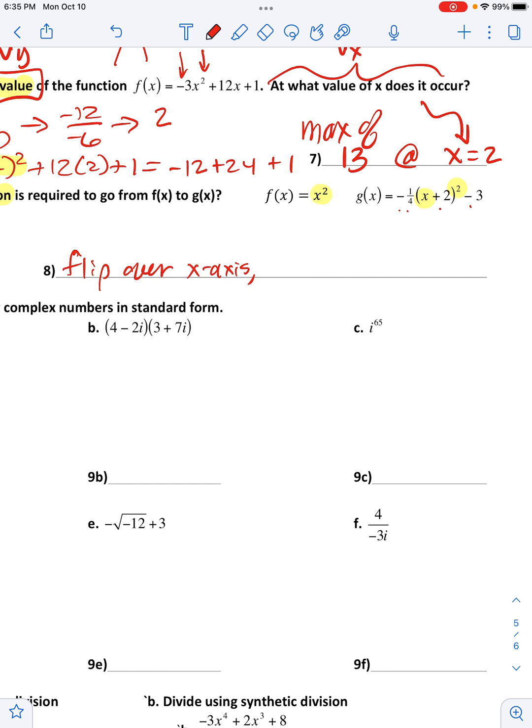It's going to have 1/4. It's going to be wider, you could say, or you could say that it's going to be a vertical stretch. Actually, that would be a horizontal stretch. So if you're calling it vertical, you'd have to say like a vertical shrink.